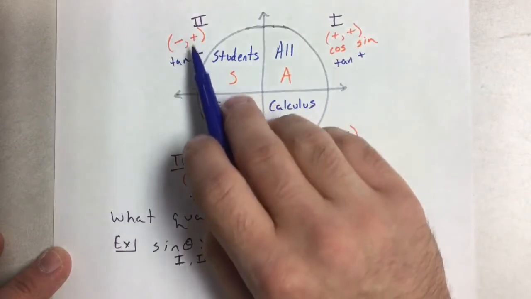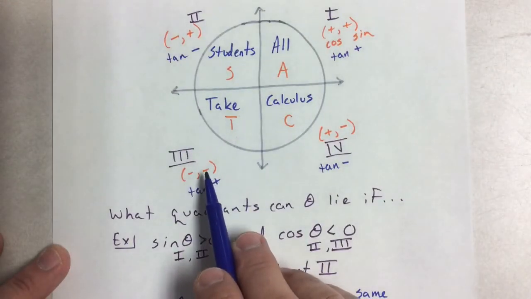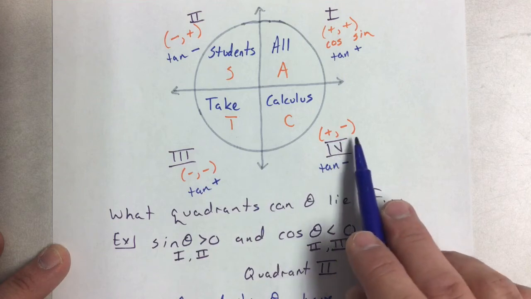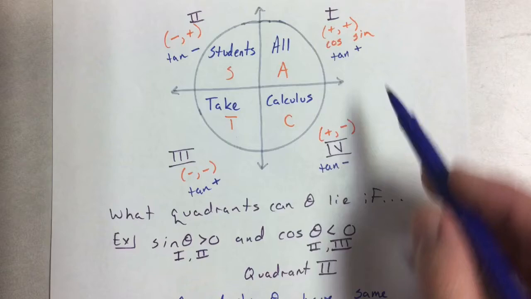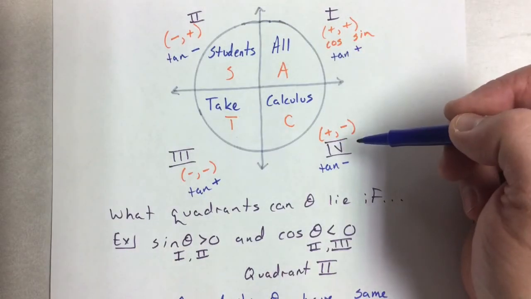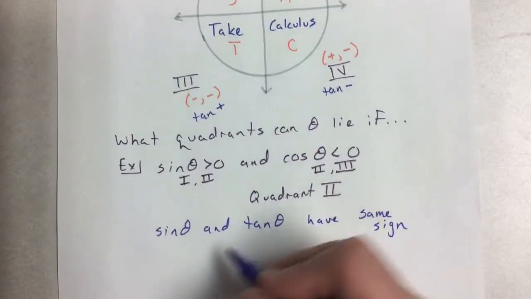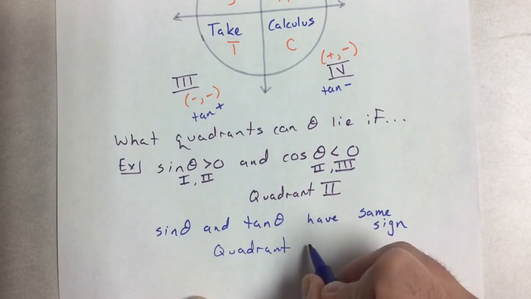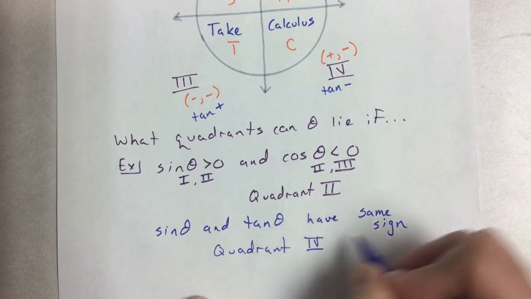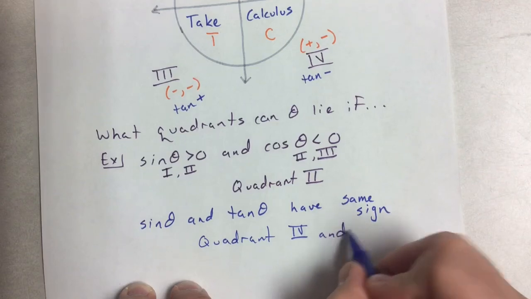Let's see if there are any others. Tangent's negative, sine's positive, no. Tangent's positive, sine's negative, no. Tangent's negative, sine's negative. All right, so we're seeing tangent's negative, sine's negative, quadrant 4. And tangent's positive, sine's positive in quadrant 1.